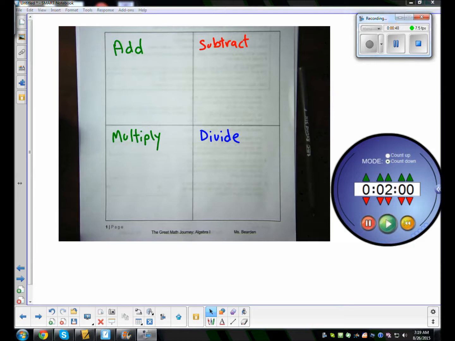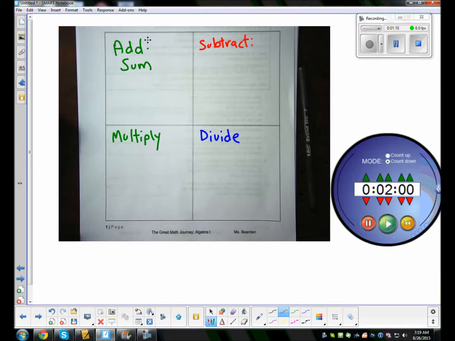Okay, now that you have the learning target copied down, if you look underneath, you have 4 boxes. I'm going to ask you to label those boxes add, subtract, multiply, and divide. And what you're going to do is come up with as many English words as you can think of that tell you to do those things. So for example, in the add box, I would put sum, because sum is an English word that when I read it in a word problem, that tells me that I need to add.